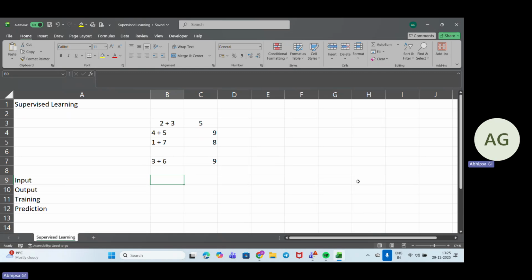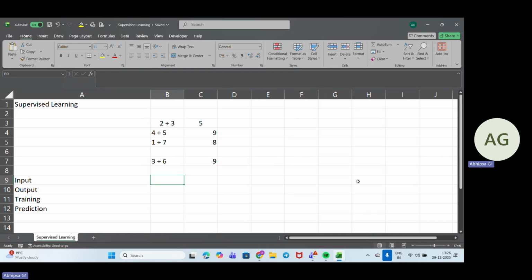Okay, so now coming down, we have understood about input. Input is the information that we are giving to our machine. We can think about different numbers, the data, the features, basically like that. And output is the answer that we exactly want my model to understand and, based on that, give me the output.